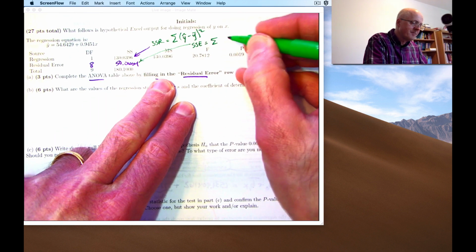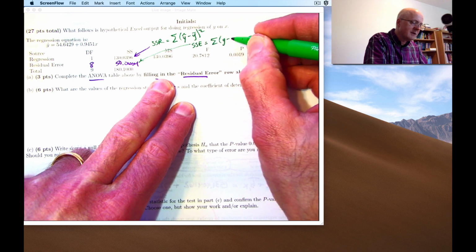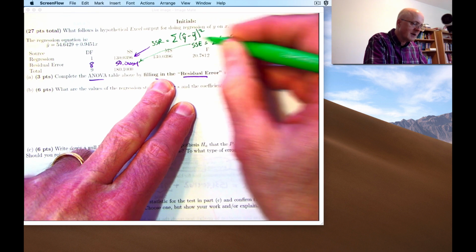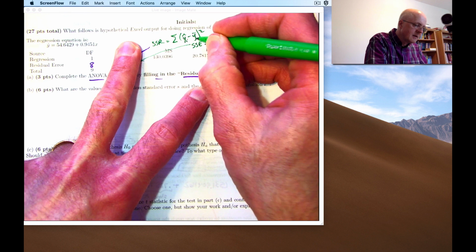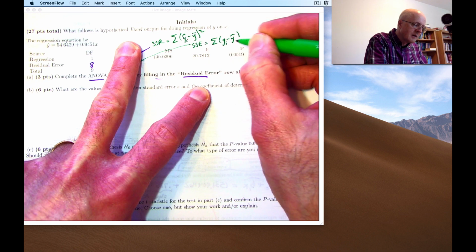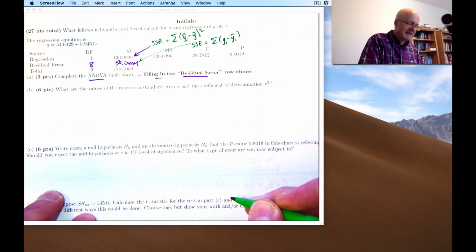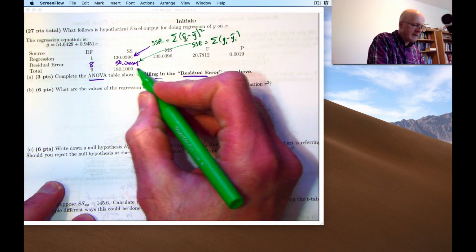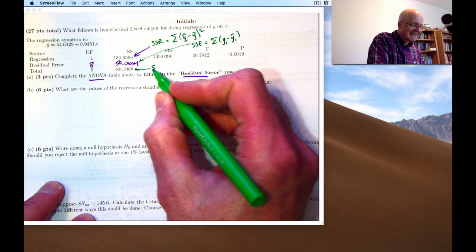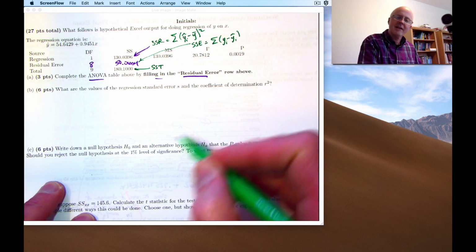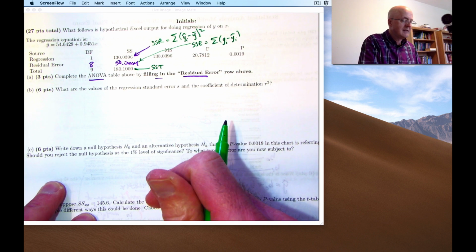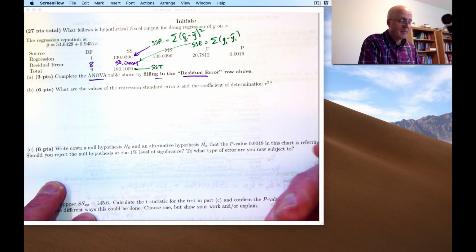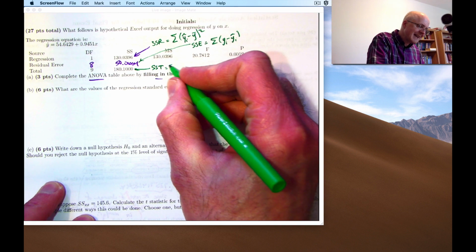This was the sum of the y values minus the y hat values. I really should put subscripts on these things, not on the y bar, on those things. And this number right here was what I called SST at the very end of lecture 17, sum of squares total. I also called it SSYY.